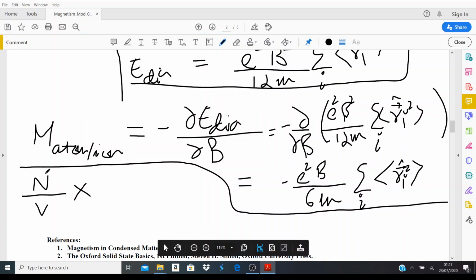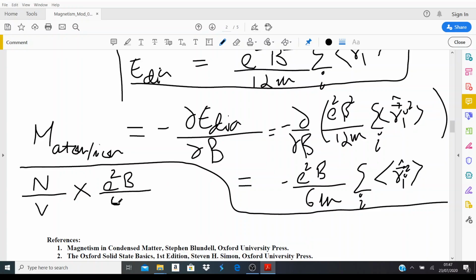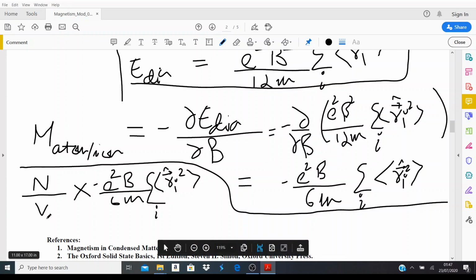So if you multiply e square B by 6m and then this expectation value of ri and the sum, this is the magnetization due to n such atoms per unit volume, right?